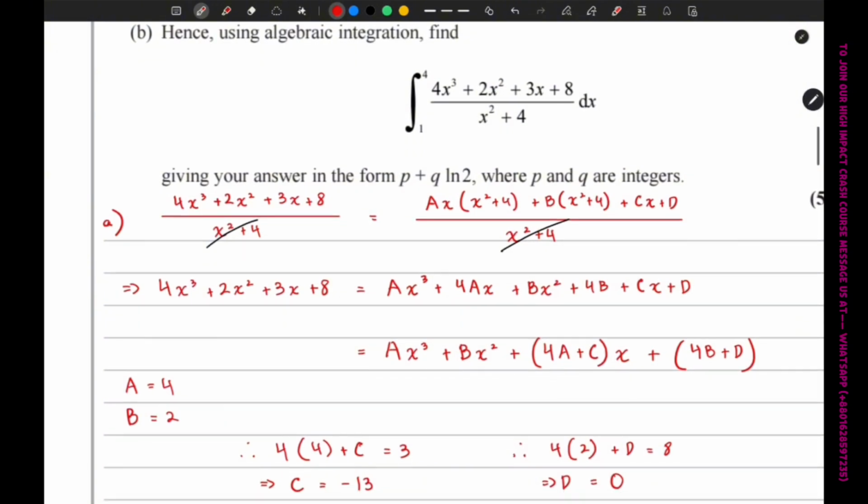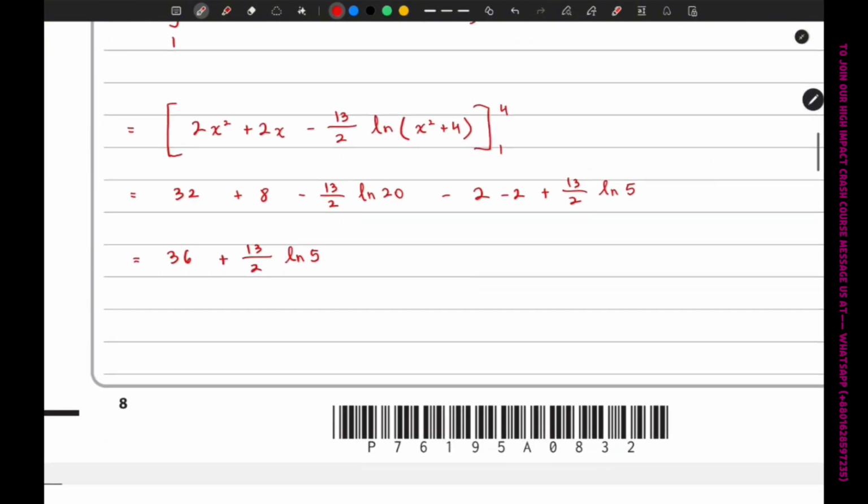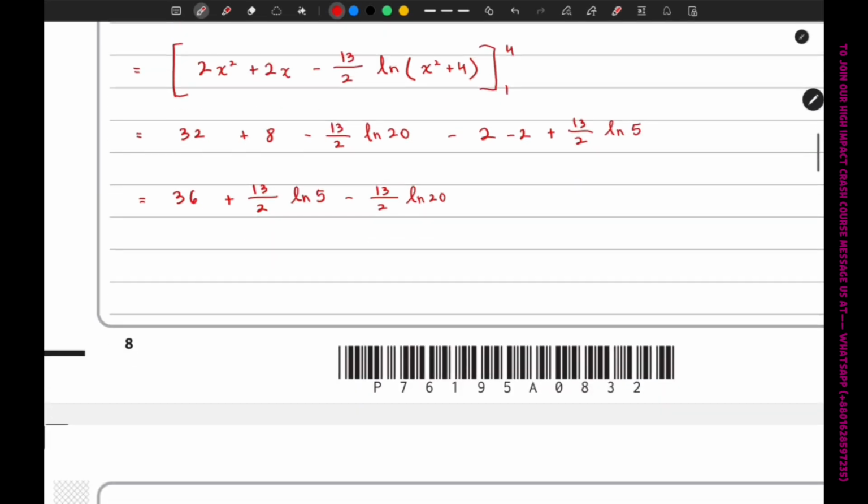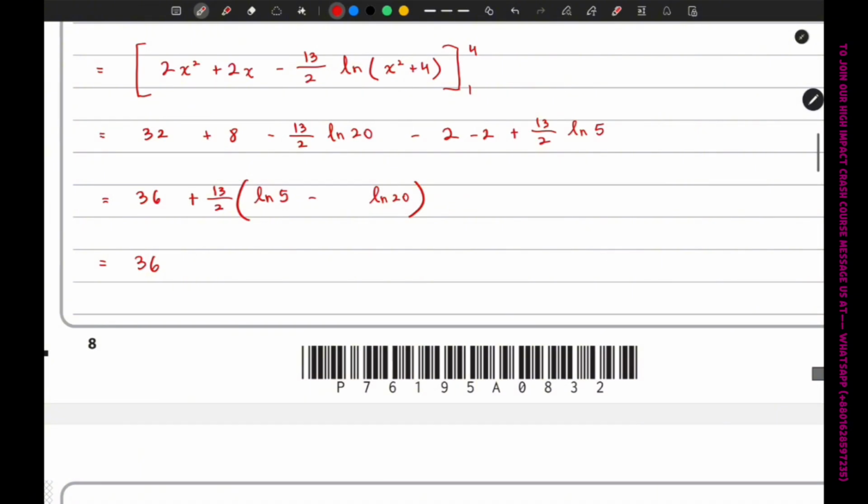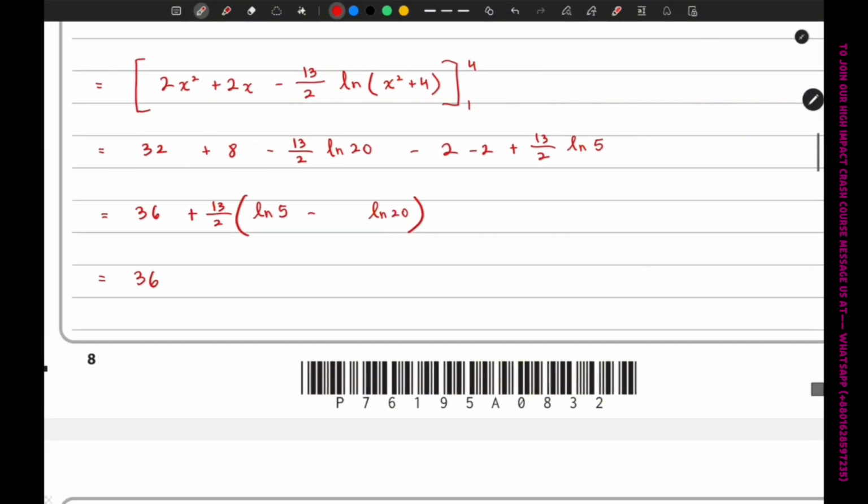Okay, so we need this. So it's 13 over 2 ln 5 minus 13 over 2 ln 20. As you can see that the 13 over 2 is common, so we can take 13 over 2 common from this part. Now as you can see that the base of the log is the same.